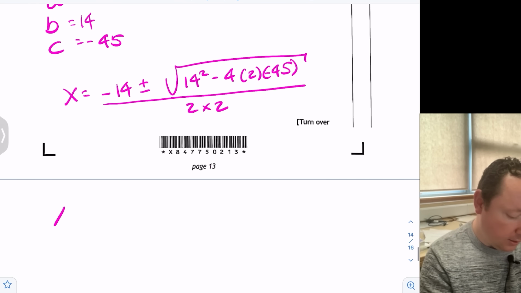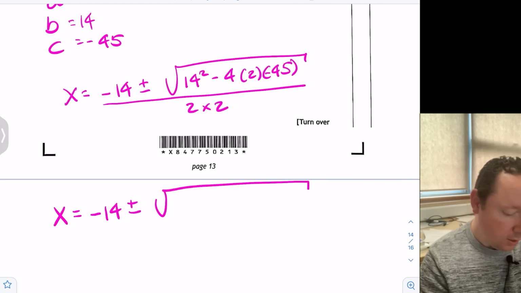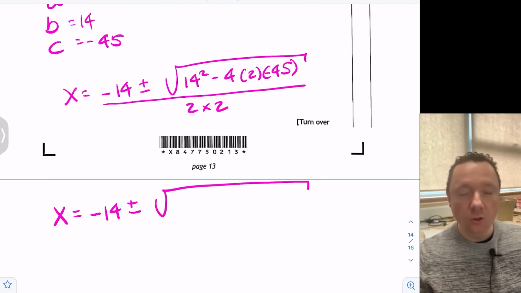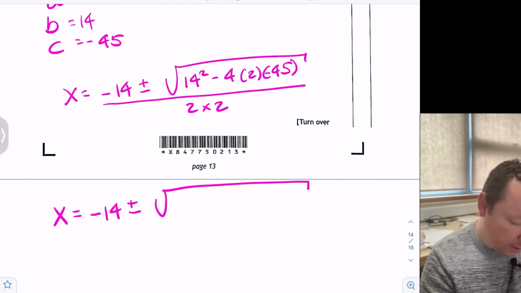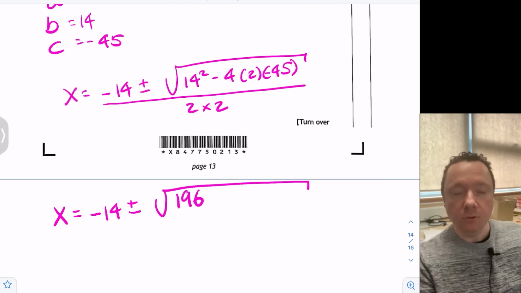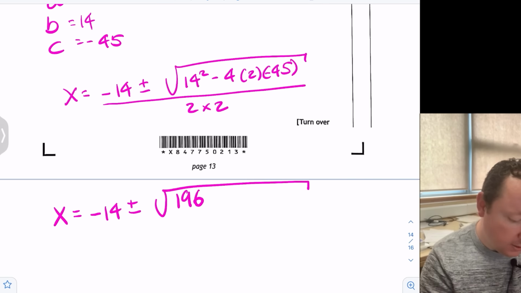That means that x equals minus 14 plus or minus the square root of, you get your calculator out and work out 14 squared minus 4 times 2 times minus 45. You've got 196 for 14 squared. 4 times 45 is 180 times 2 is 360. Minus times a minus is a plus.